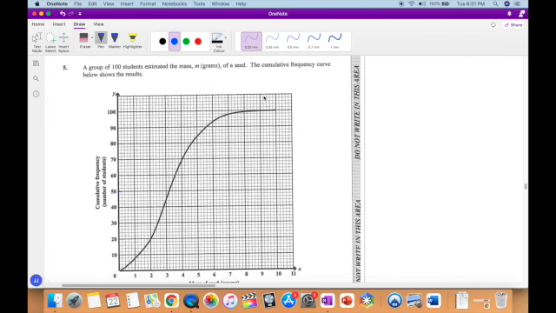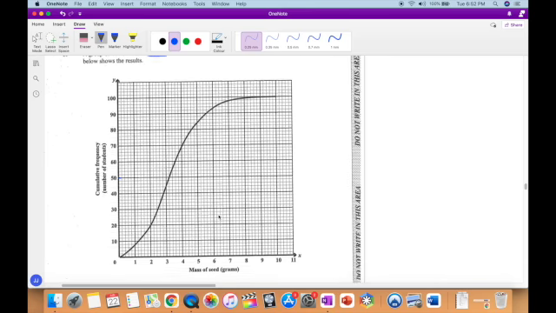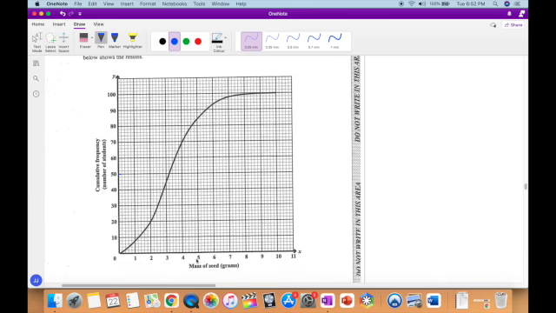Statistics. A group of 100 students estimated the mass m grams of a seed. So I'm guessing they guessed the mass of a seed. And I could see here that out of 100 students, 20 students guessed that the seed was below 2 grams.